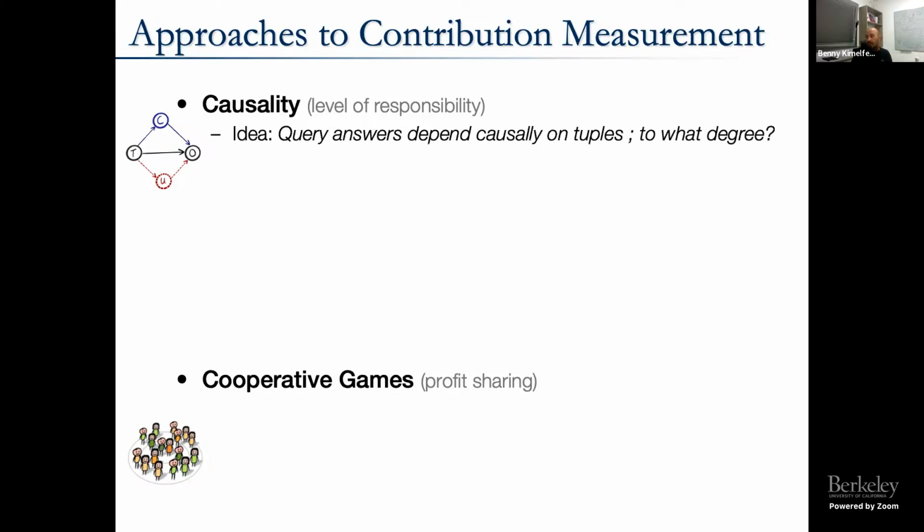In the case of causality, the idea is that we view the source tuples as the reason, as causing the output tuples. And then we use ideas of level of responsibility. To what extent is each source tuple responsible for each output tuple?